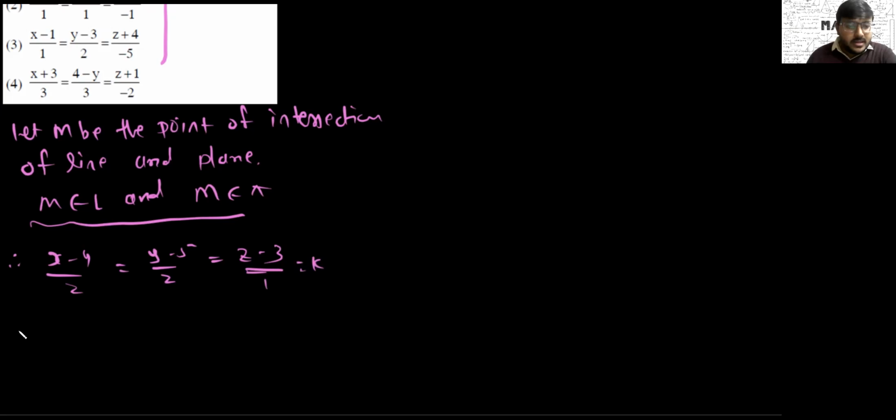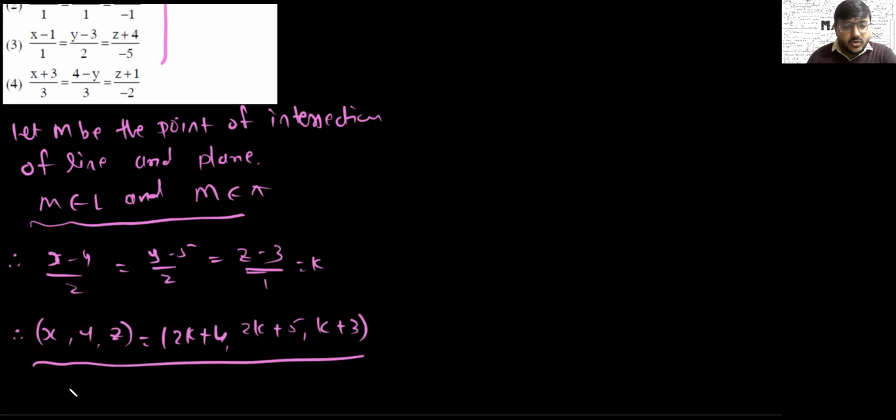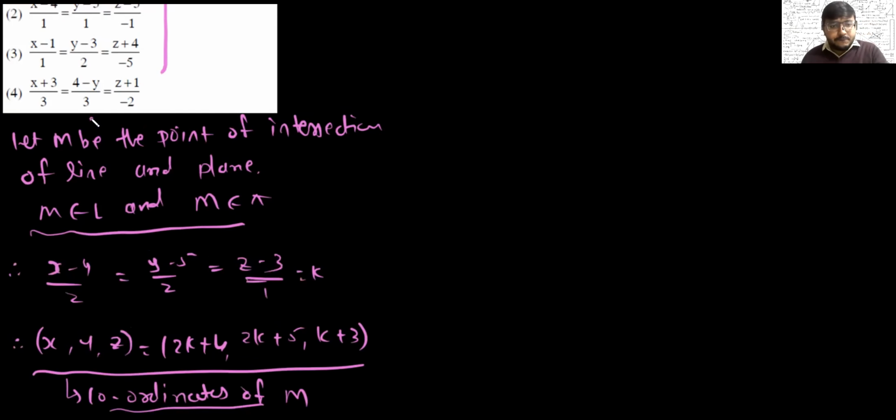So I can say that x, y, and z equal 2k plus 4, 2k plus 5, and k plus 3. This should be the coordinates of M, right? And as M is also lying in the plane, we can put x, y, and z in the equation of plane.